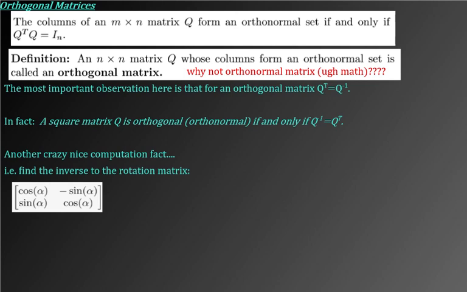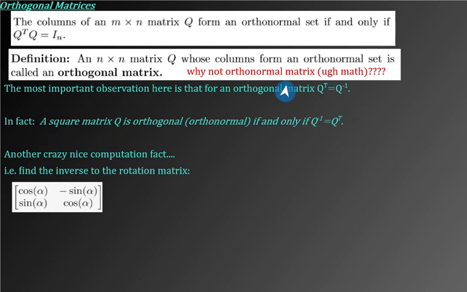I don't know why. And the really important thing I want you to notice here is, if you have the square one, then you can talk about inverses, okay? The nice thing to notice here is that if these matrices are square, then Q transpose Q equaling the identity implies that the transpose is the inverse of the matrix, right?